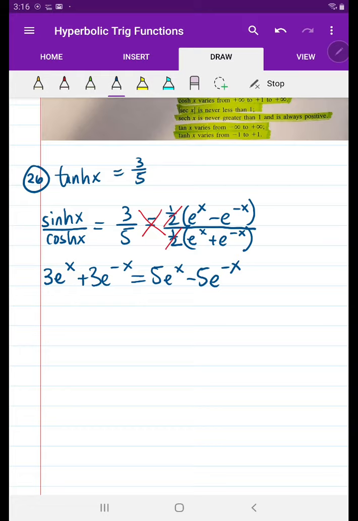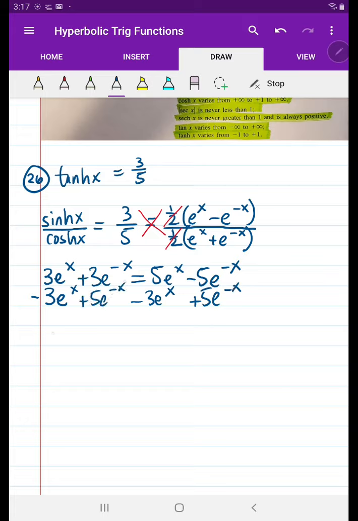Then what I could try to do is get all of my e's to the positive x on one side and all of my e's to the negative x on the other side. So let's subtract this 3e to the x, and let's add this 5e to the negative x.